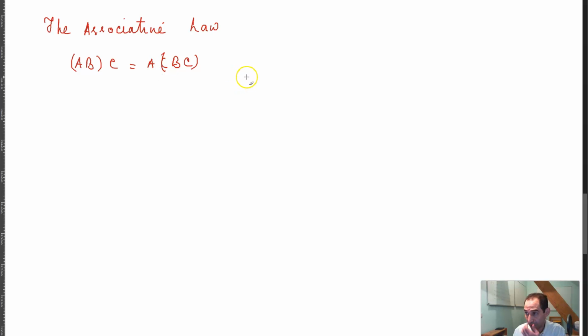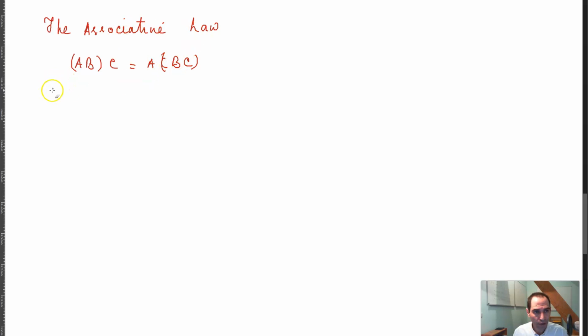That is called the associative law. Of course, this holds whenever both sides are defined. It could be that at least one of the sides is not defined, and in that case you cannot do this. So this is the associative law.